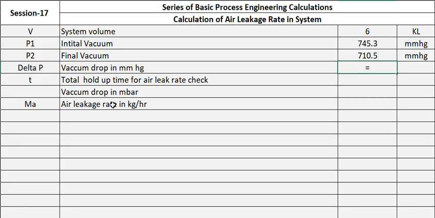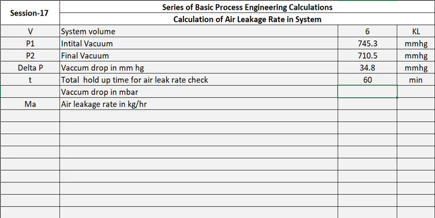So we have to check the delta, how much vacuum has dropped. Then we have to perform that test. Someone considers half an hour, someone considers 1 hour, so I'll just consider a 1 hour test.